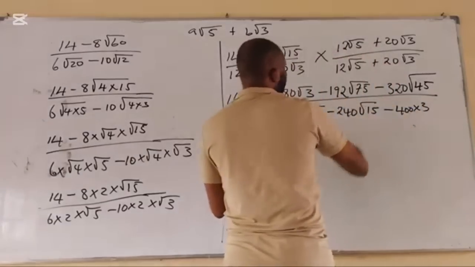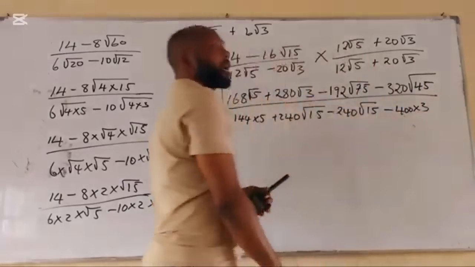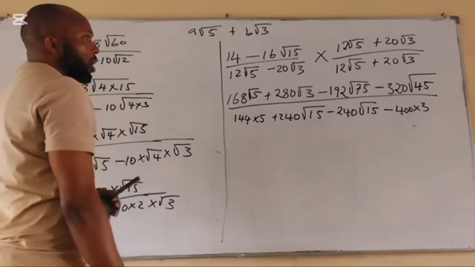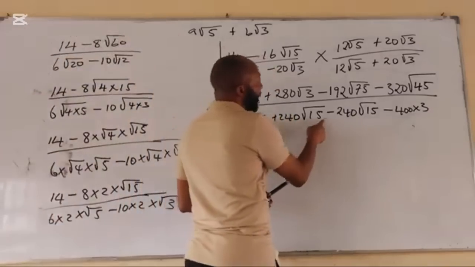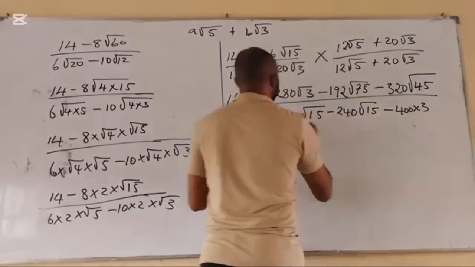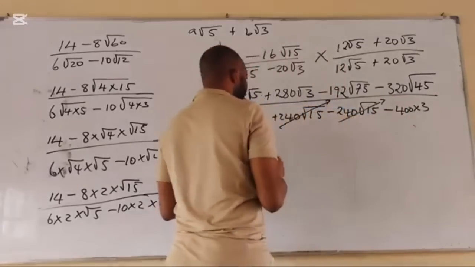Because 20 times 20 gives us 400. Root 3 times root 3 is 3. So now let's proceed. Now, we have 240 root 15 minus 240 root 15. This will cancel out to 0.